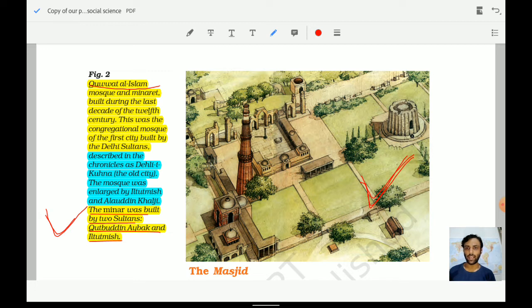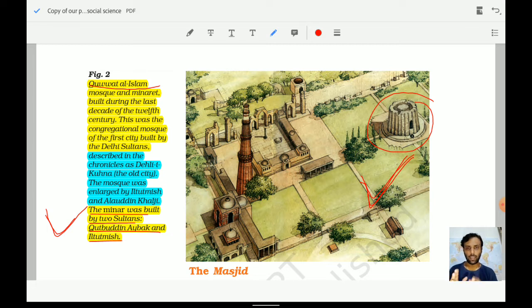The mosque was enlarged by Iltutmish and Alauddin Khilji. While Aibak constructed the Qutub Minar, the completion of this particular minaret was done by Iltutmish.